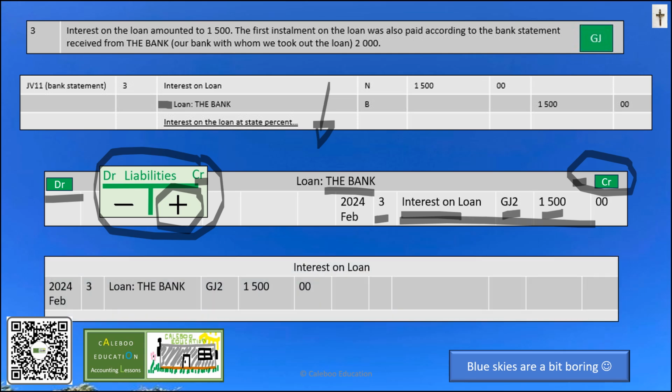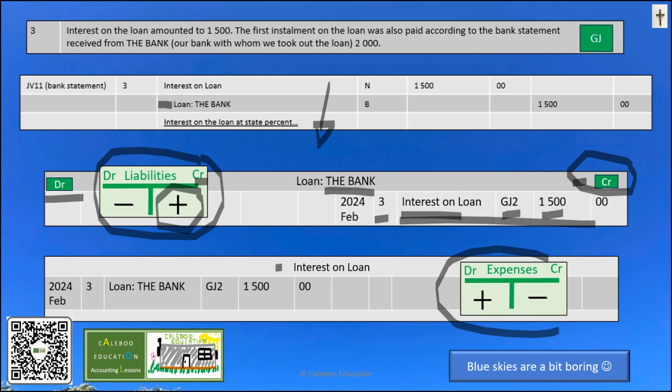The account that is debited is the interest on loan account, which is an expense. An increase in expense, the account must get debited, go on the left hand side. So there's the entry. The name of the contra account is loan, the bank.